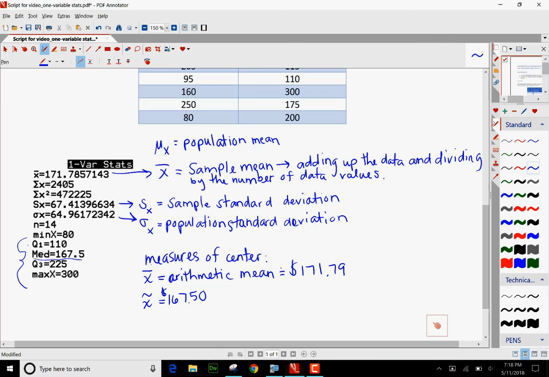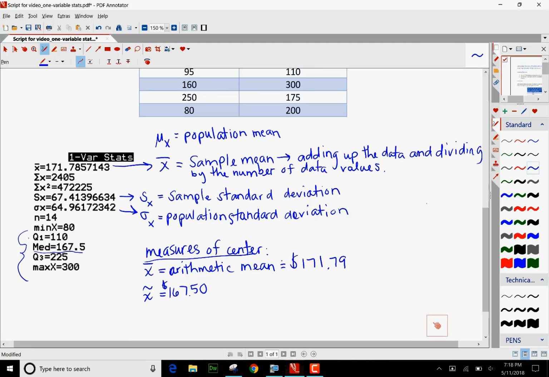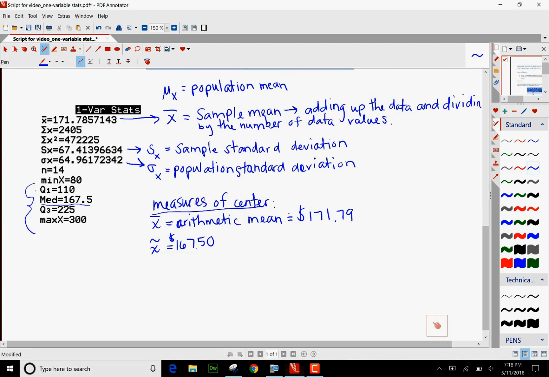So those are our measures of center, and our measures of spread. We just have two, and I'm just going to say measure of spread, because you're going to be the one that knows if you entered in population data or sample data.